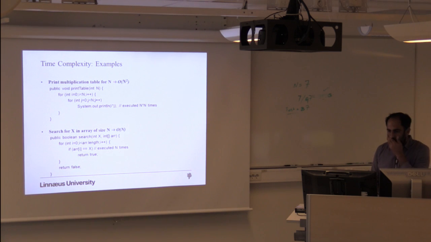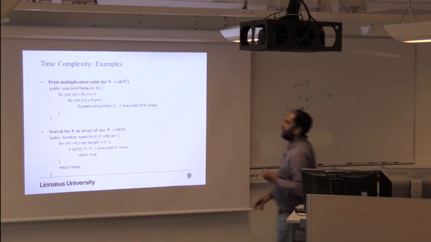Suppose we have a method, and we want to find out its time complexity. It takes an integer value n and prints the table. For example, if you have the number 5, it will print the table of that value starting from 1 until 5, and if you have the number 10, it will print until 10.